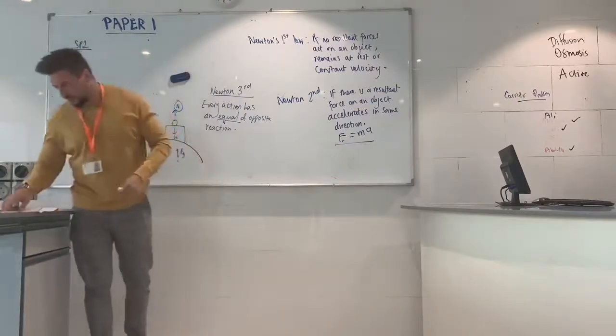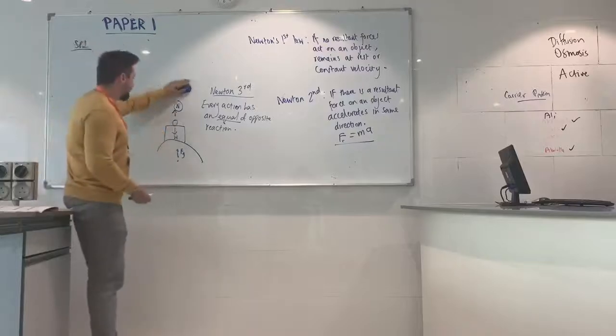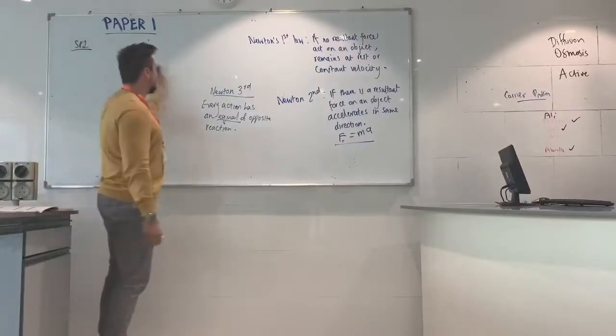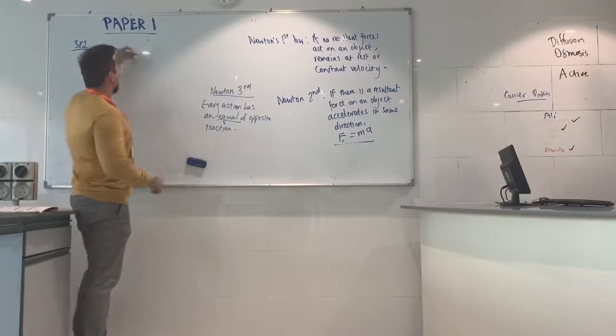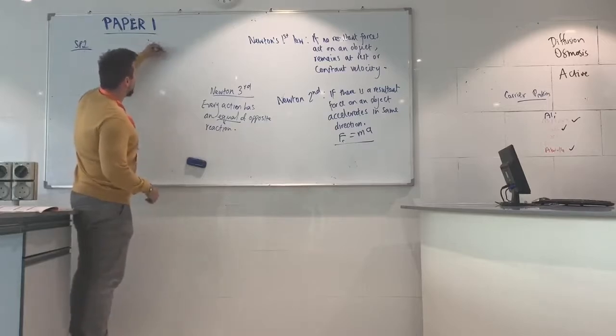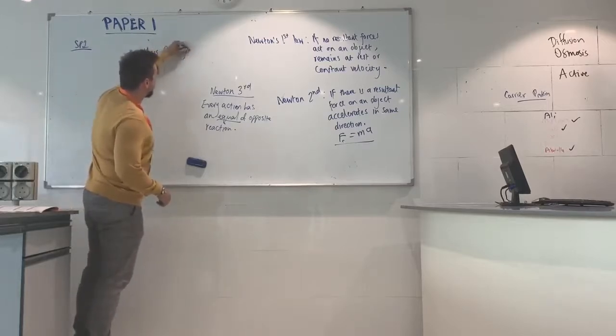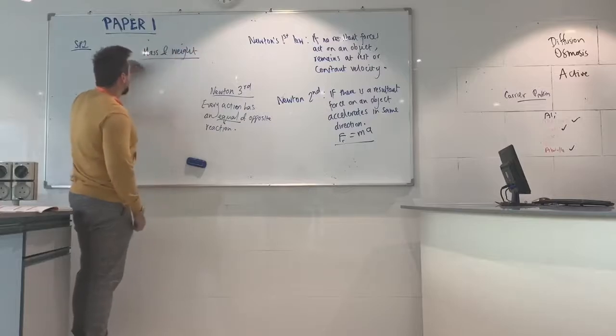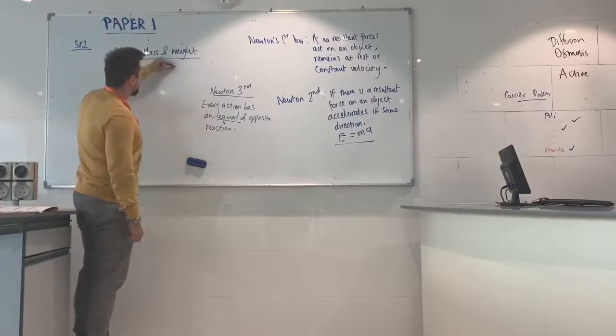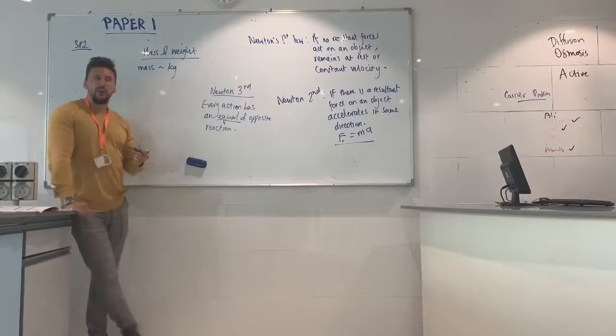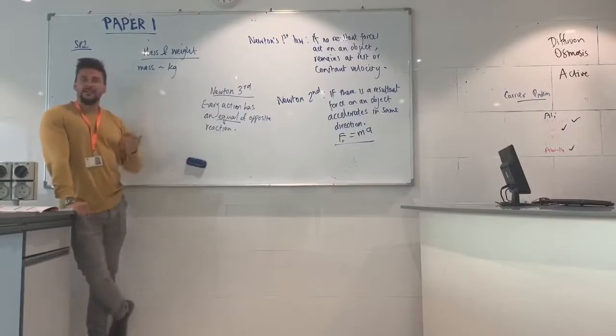Okay? Mass and weight. I'll leave those laws on for you now. Difference between mass and weight. Okay? Mass, we know, is measured in kilograms. This tells you how much matter is an object actually made of, right?